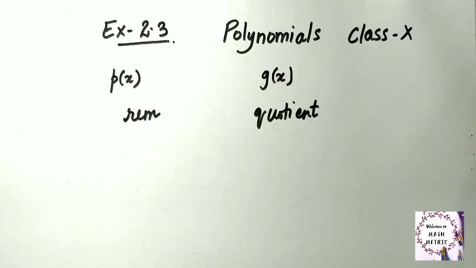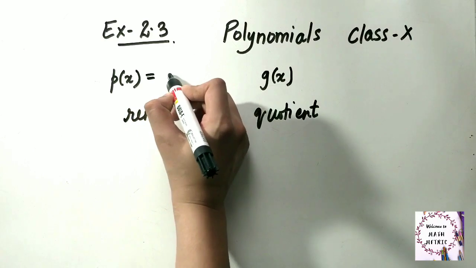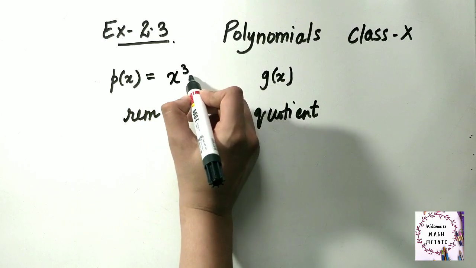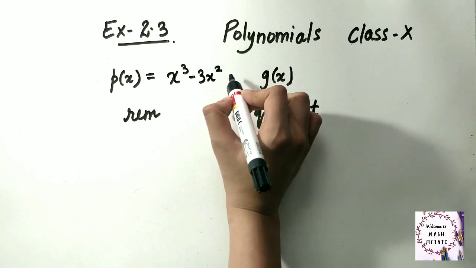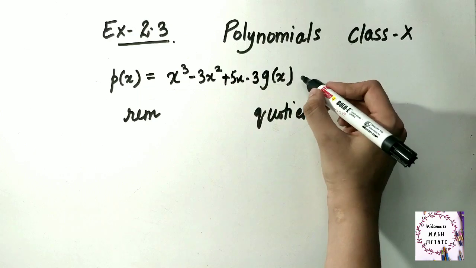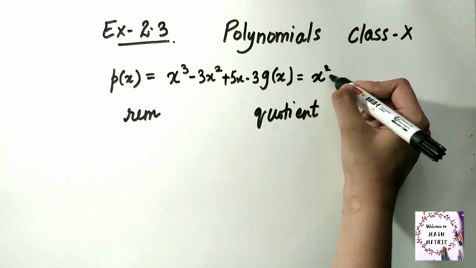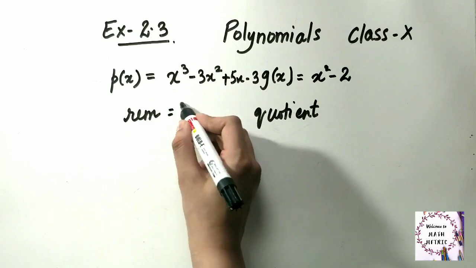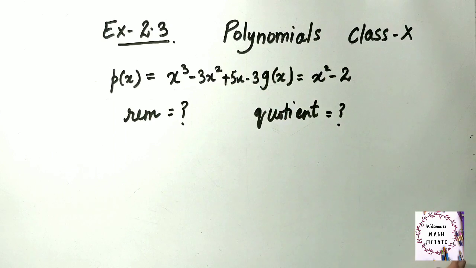In the first part, p(x) is x cube minus 3x square plus 5x minus 3, and g(x) is x square minus 2. We have to find the remainder and quotient of the division.